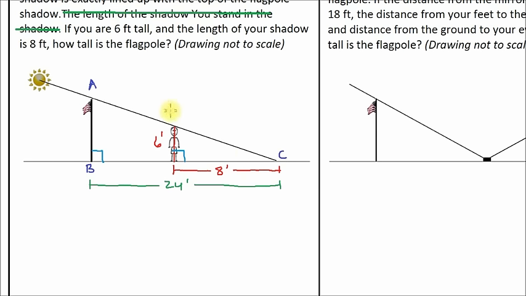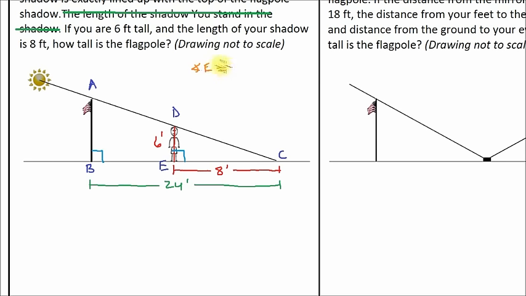And now where my feet hit the ground, let's label that as point E. So we've got two triangles, a big triangle ABC, and a small triangle DEC.